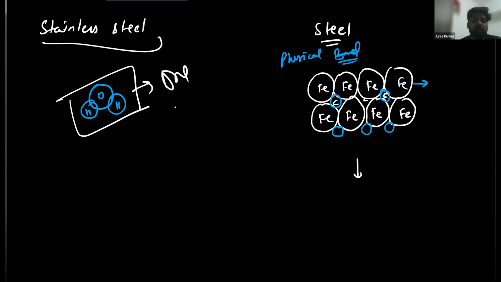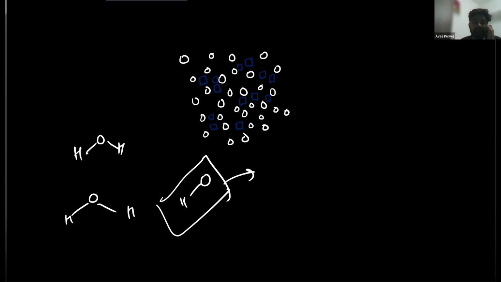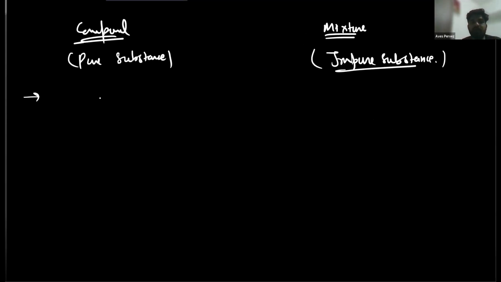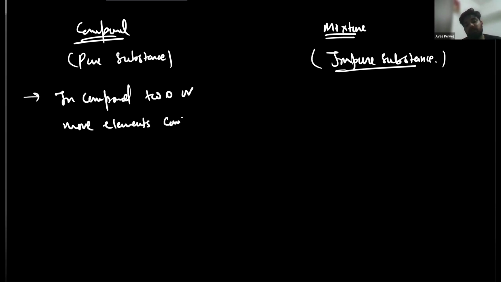Understood? Everybody understood? Yes, okay. Let me explain one more time. In compounds, two or more elements are chemically combined together in a fixed ratio.